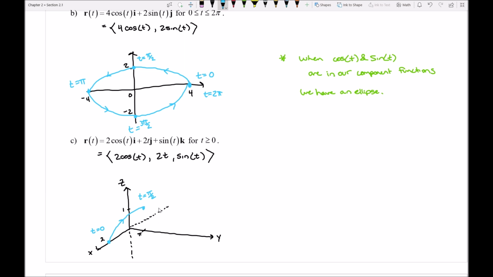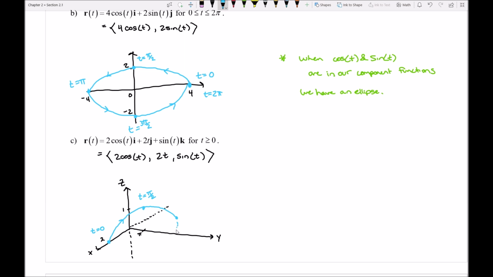And then I'm going to get something that loops around. The issue is that I can't really loop back to where I started, because every time I plot more points here, the t is increasing, and that means that my y value is increasing. So by the time this comes down and hits the xy plane, I'm actually way further out from the origin than I was before.